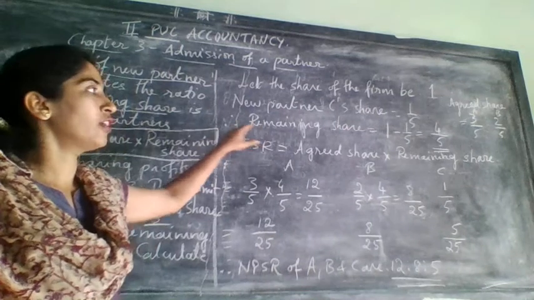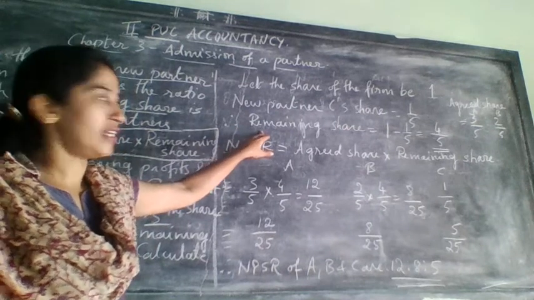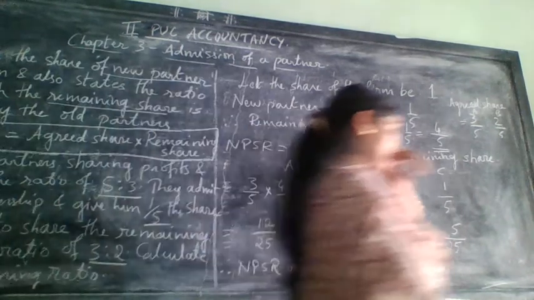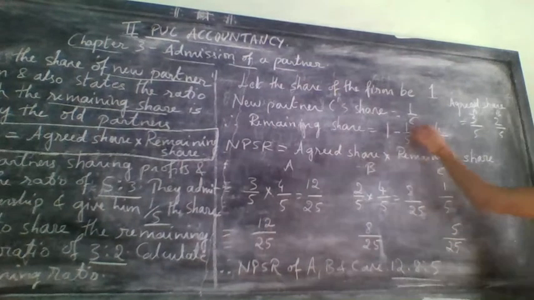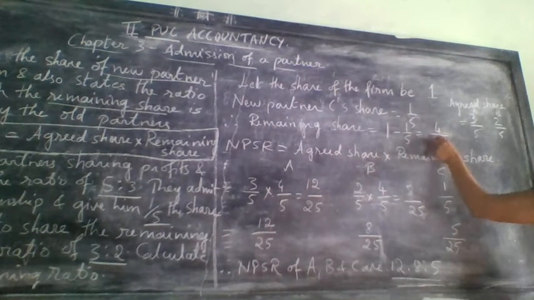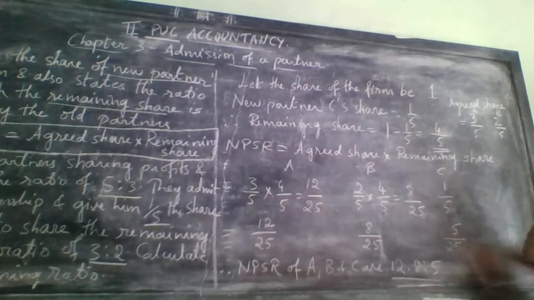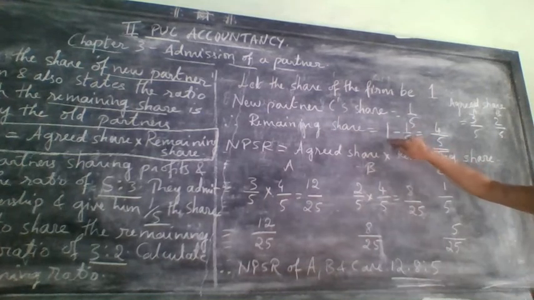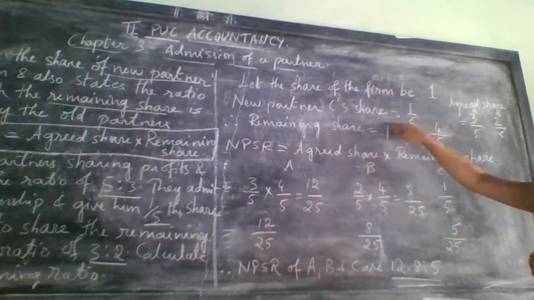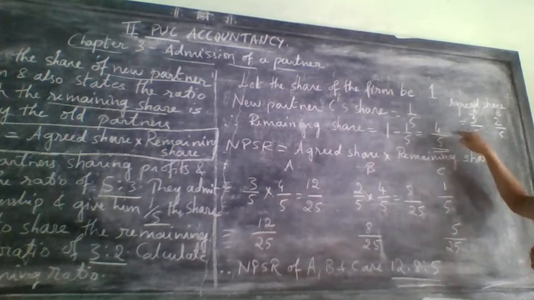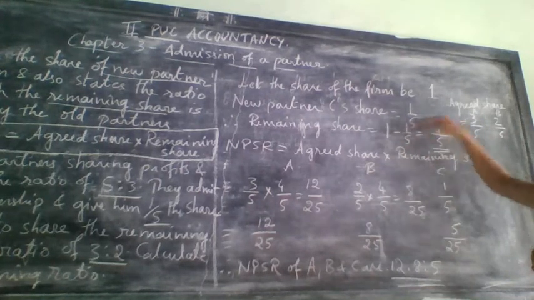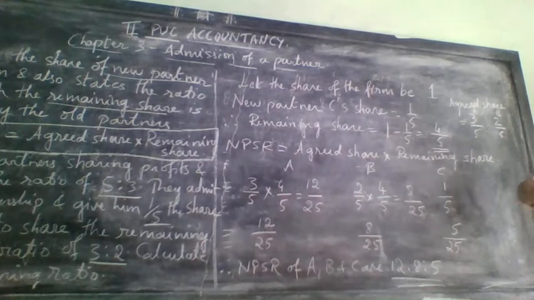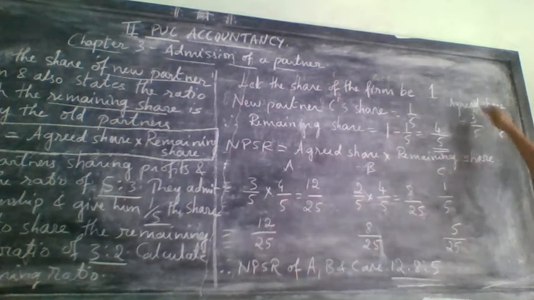Next, we need to find the remaining share. It is easy to find: 1 minus 1/5 will come 4/5. The whole number 1 has the same denominator, so it will be 5 minus 1, that is 4/5.